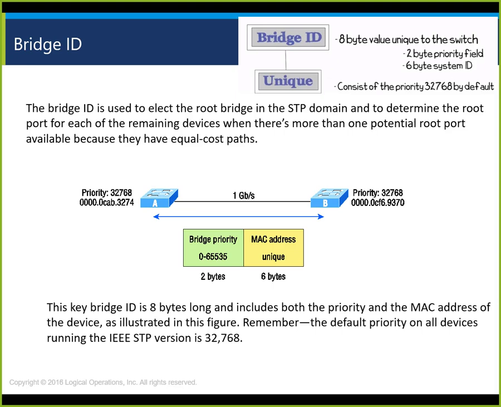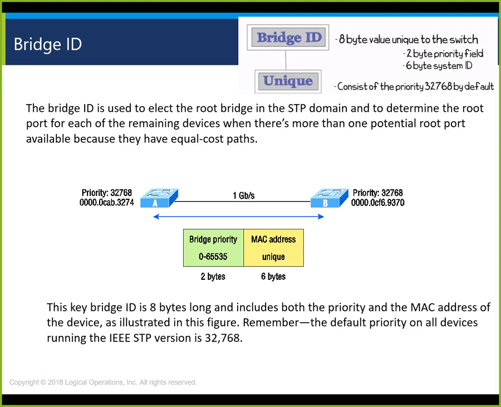So the bridge ID elects the root bridge in the STP domain, and determines the root port for each of the remaining devices when there's more than one potential root port available, because they have equal cost. The root port is the port that the frame goes out of to get to the root bridge. So lots of terms here.